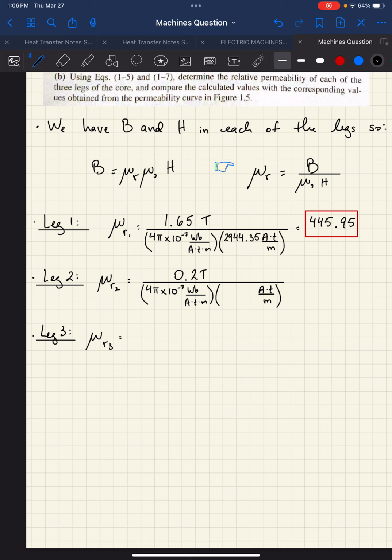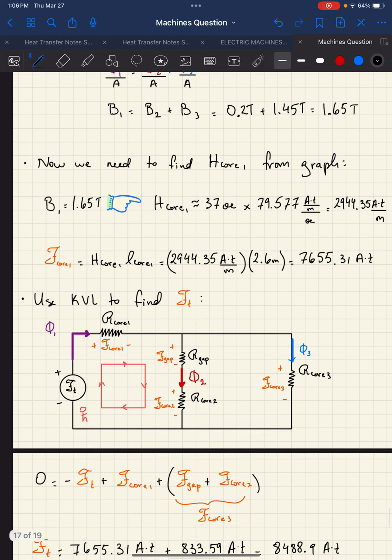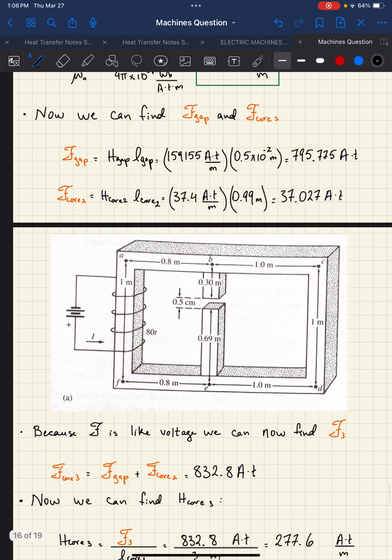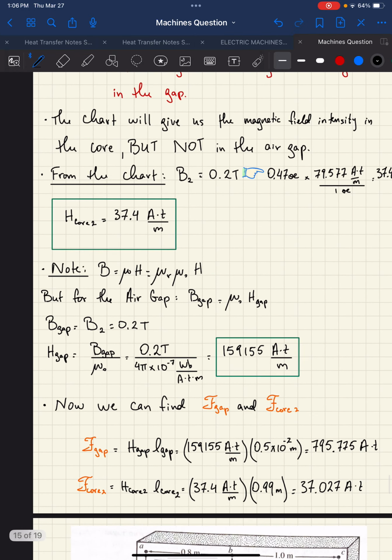The permeability of the gap is easy, it's just mu naught. We don't have to calculate that. So we need H core, not H gap. So H core 2, here it is. This is the magnetic field intensity only in the core of leg 2, in the steel.